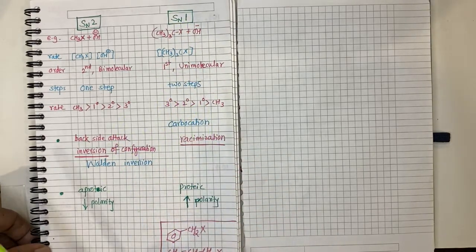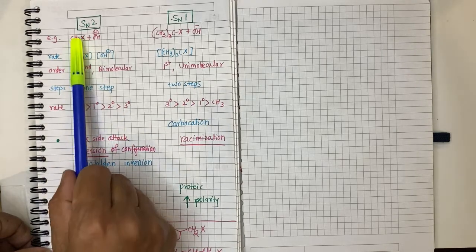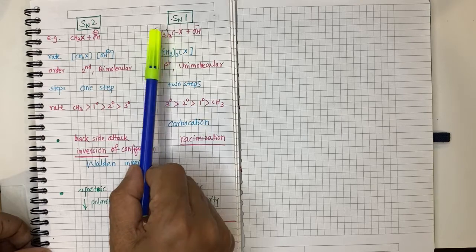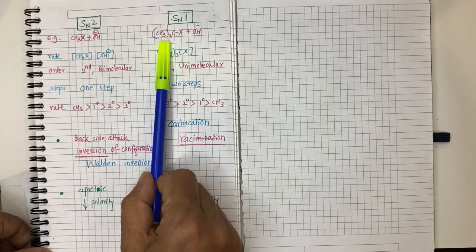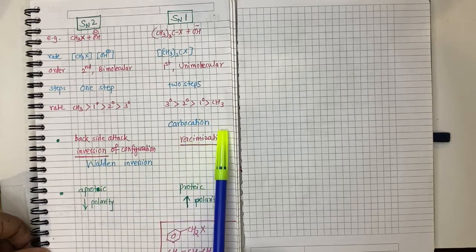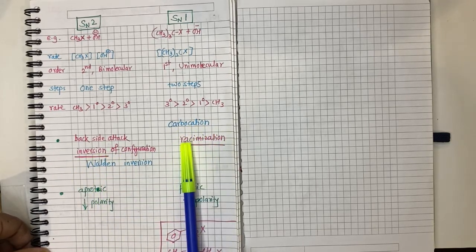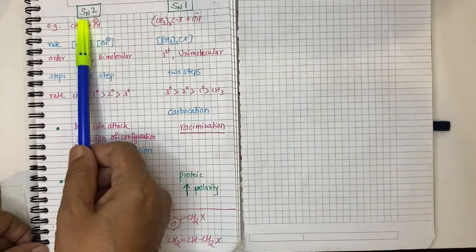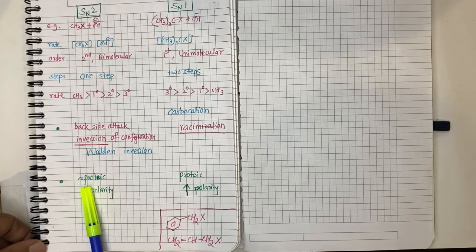Okay, next. In the first step, a carbocation is formed here, and the stability of carbocation is in this order. Therefore, the order of reactivity for SN1 is also the same. Now one more point. If these starting materials are optically active, okay, chiral molecules, then here inversion of configuration called Walden inversion takes place, while here racemization takes place. Now one more point: the SN2 mechanism is favored by an aprotic solvent with low polarity.